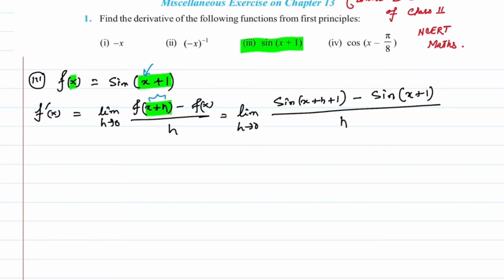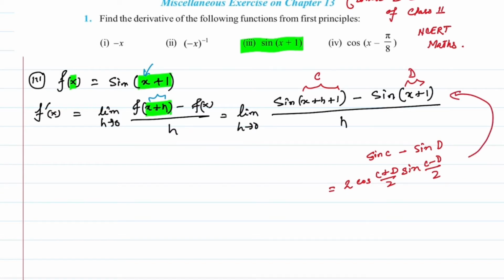Now we are going to use a trigonometric identity here: sine c minus sine d is equal to 2 cos of c plus d by 2 times sine of c minus d by 2. So you have to consider the term x plus h plus 1 as c and x plus 1 as d. Now use this relation here, then you will get the limit.